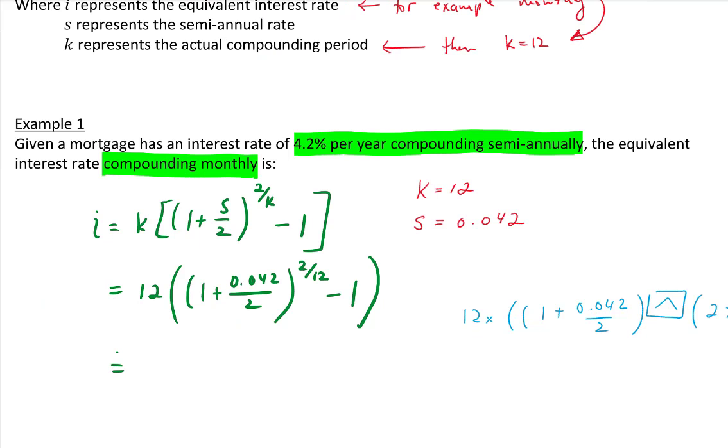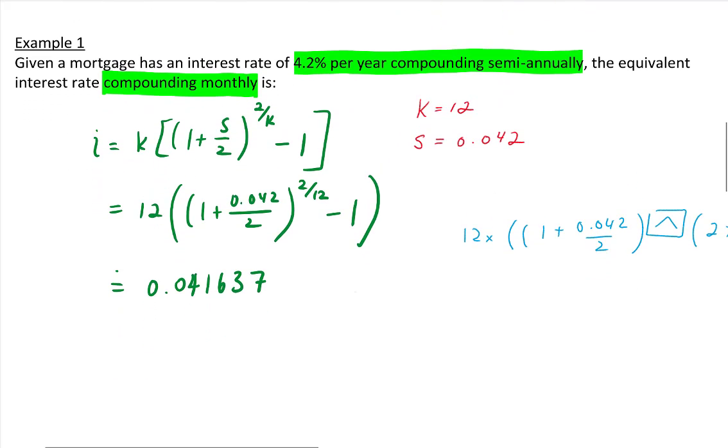So using our calculator, you should end up with 0.041637. So for this example, I took 5 significant figures, the 41637. This means that 4.1637% per year compounded monthly is equivalent to 4.2% per year compounded semi-annually.